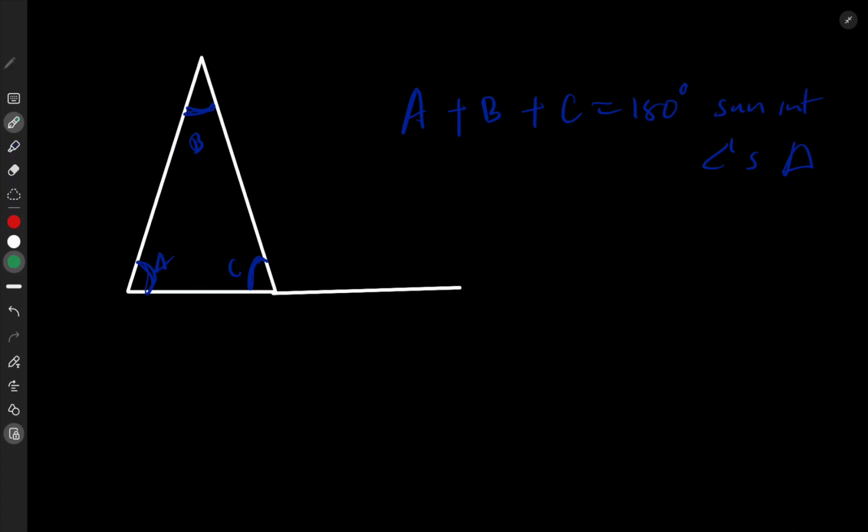But we also know that, let me call this one D. We also know that the sum of angles around a straight line should give us 180 again. That implies that C plus D should give me 180.